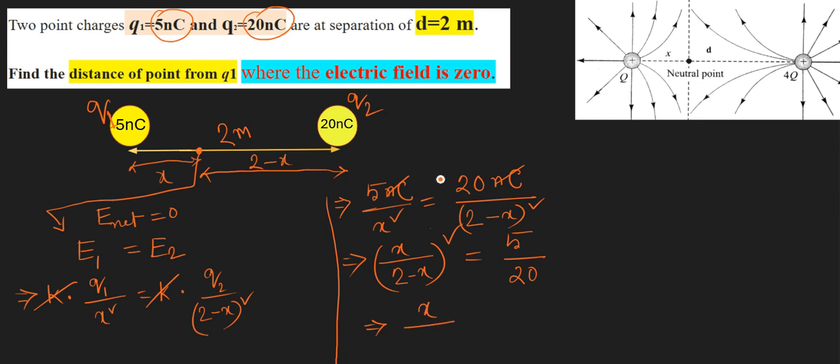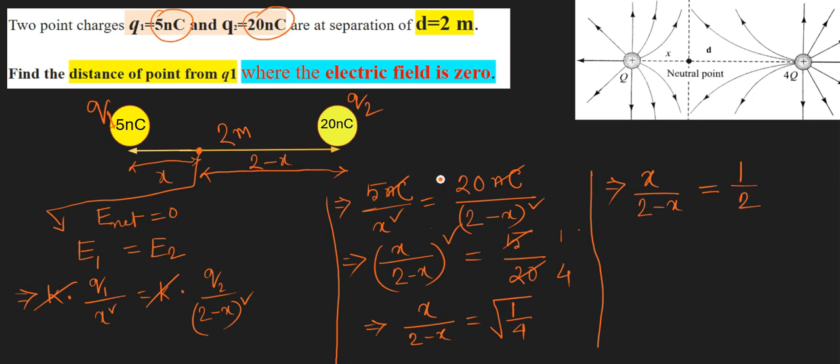So we could write down x over 2 minus x equals, so here we'll get 1 by 4, 1 over 4. Here we could write down x over 2 minus x equals 1 over 2.